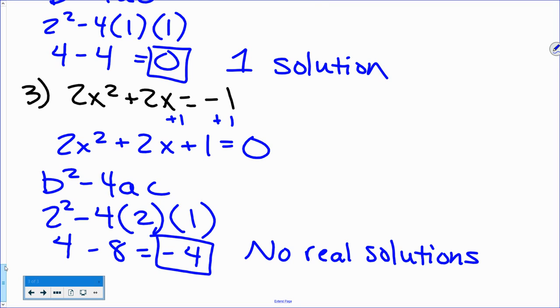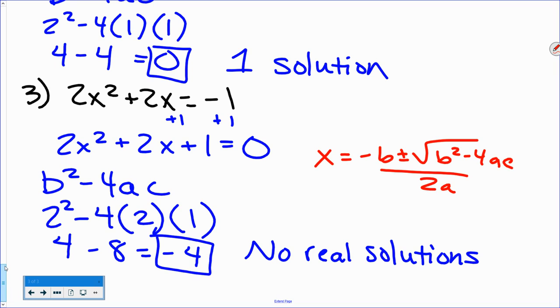It should kind of make sense as to why you'd have 2, 1, or no real solutions in a situation. If you think back to the formula, the b squared minus 4ac is the part that's under the square root. So if I get a negative number under the square root, I can't take the square root of -4, so that doesn't exist.